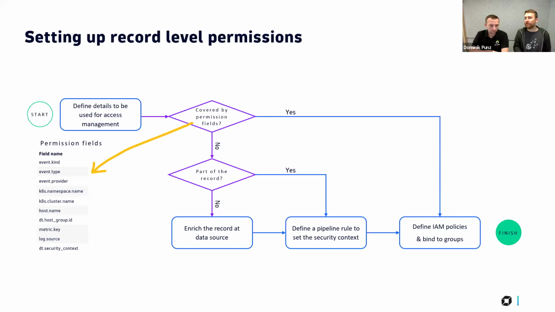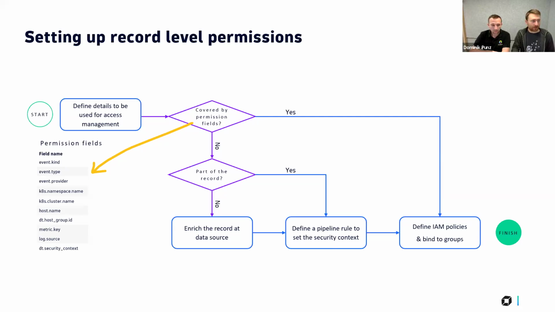This will then automatically be enriched on all the logs, all the spans, all the metrics, and so on that get sent from this environment. And if you're on one of the cloud platforms, there are also options to get the details into the security context as well. Right.